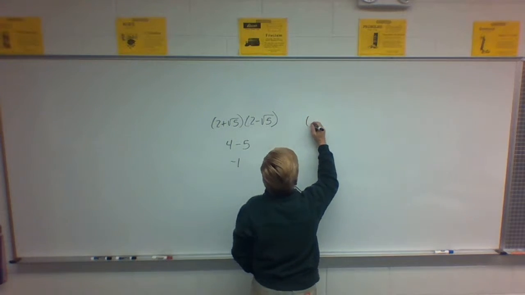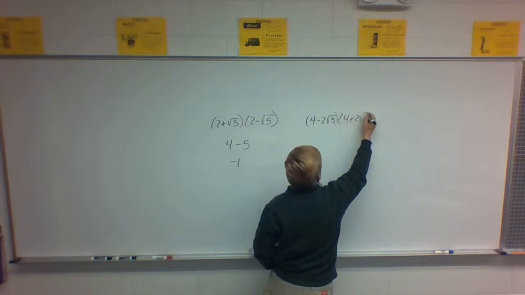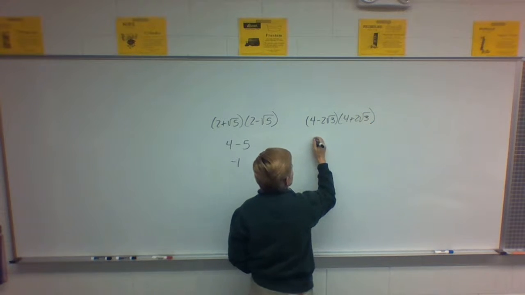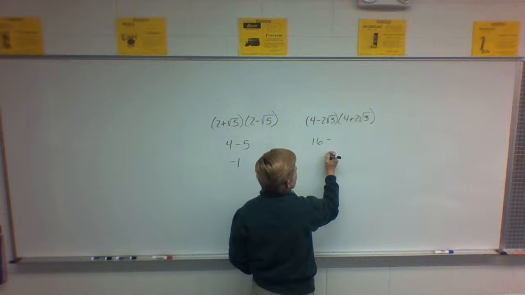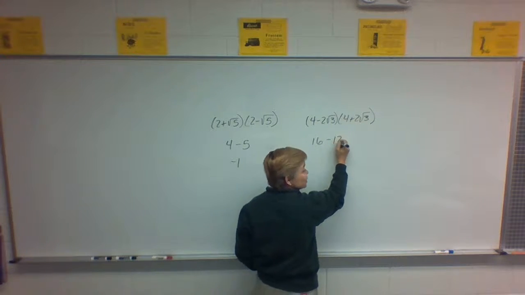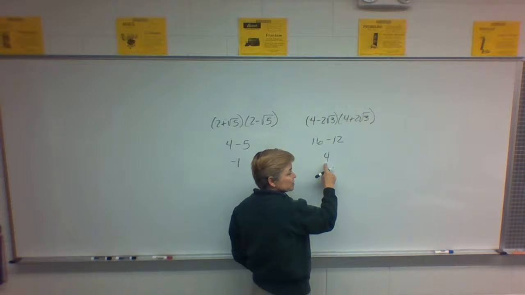What do you get when you have 4 minus 2 root 3 and 4 plus 2 root 3? 16. Intermediate step is 16 minus 12. Good, you guys are getting good at this. What does this actually turn out to be? 4. Nice and rational.